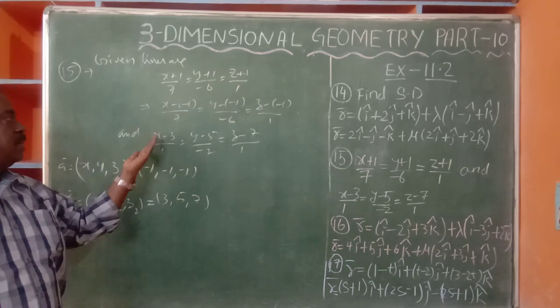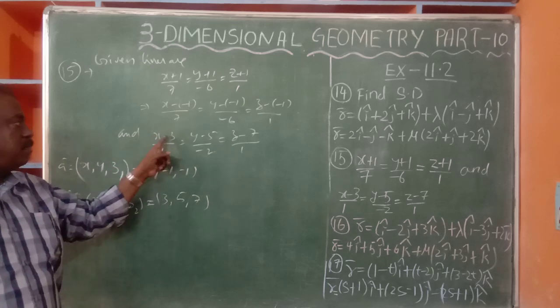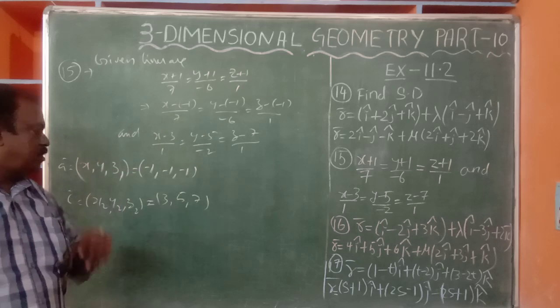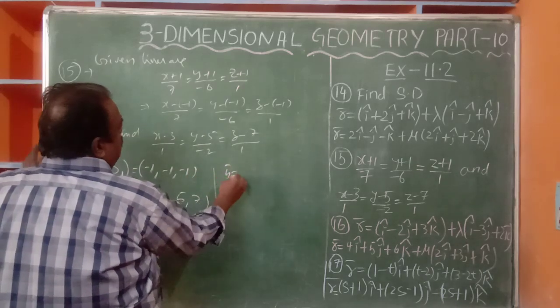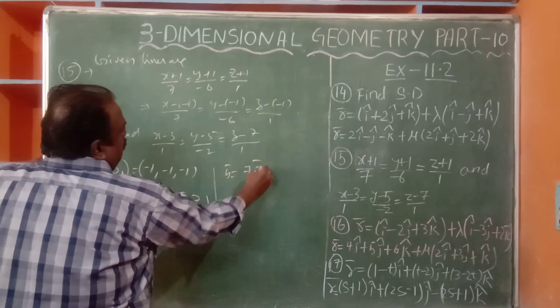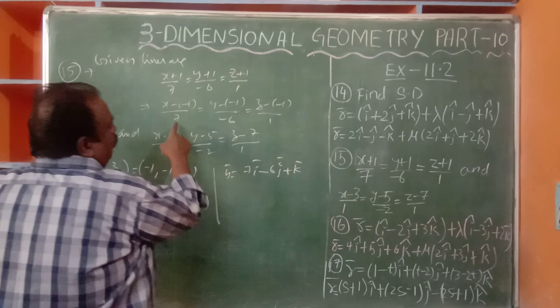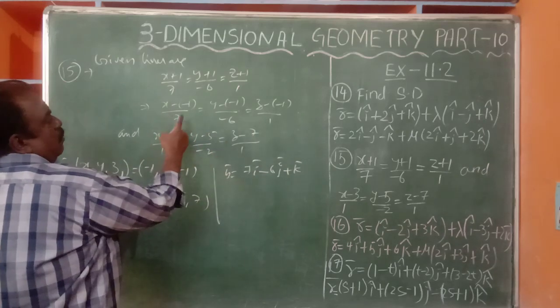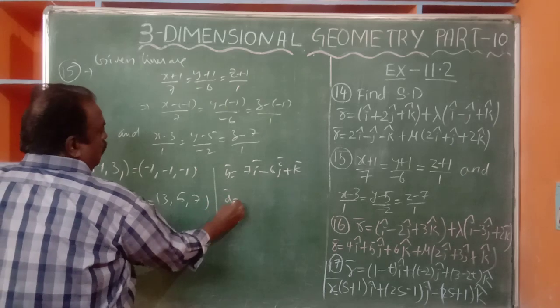Here x2 is 3, not minus 3, 5, 7. And b bar is equal to 7i minus 6j plus k. Here only, these are the a1, b1, c1. That is b bar.